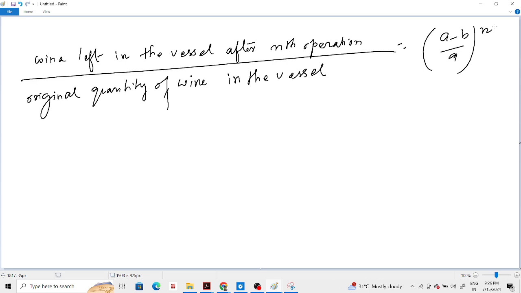Can you please try this sum which I have just sent? A vessel contains 125 liters of wine. 25 liters of wine was taken out of the vessel and replaced by water. Then 25 liters of mixture was withdrawn and again replaced by water. The operation was repeated for the third time. That means 3 times it has been done. How much wine is now left in the vessel?